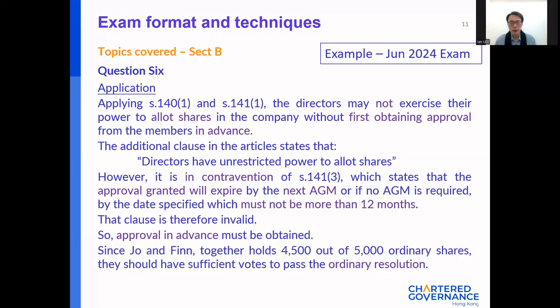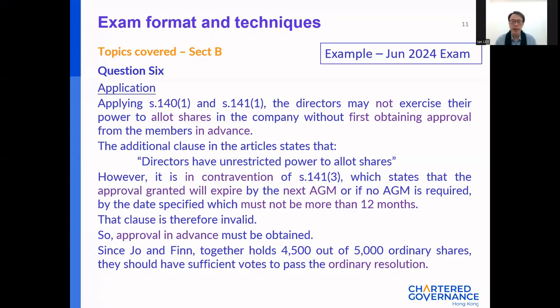Because that clause is in contravention of section 141(3), which states approval granted will expire by the next AGM, or if no AGM is required, not more than 12 months. Therefore, the clause is invalid, so the directors should have obtained approval from the members in advance, basically in accordance with section 140 and section 141.